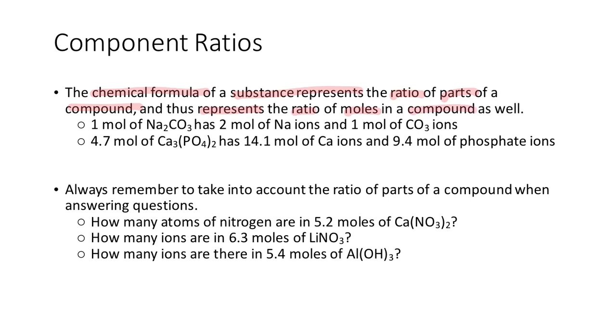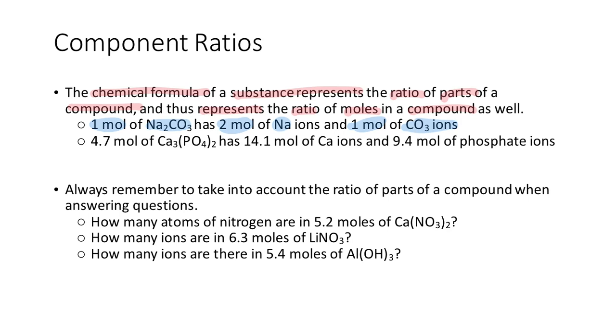If I have 1 mole of Na2CO3, notice that the chemical formula says Na2, so there are 2 moles of Na and 1 mole of CO3. Whatever I have here, I have to double for the Na and have the same amount for the CO3.